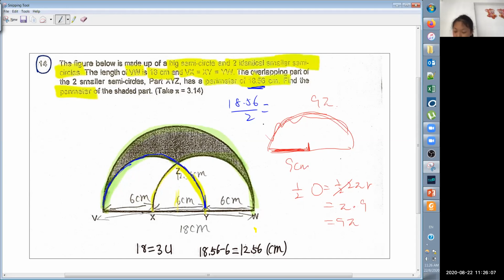你知道为什么我除2吗？知道。No. So you need to minus 6 then divide by 2. Minus this one first. So I want to find out these 2. Okay.